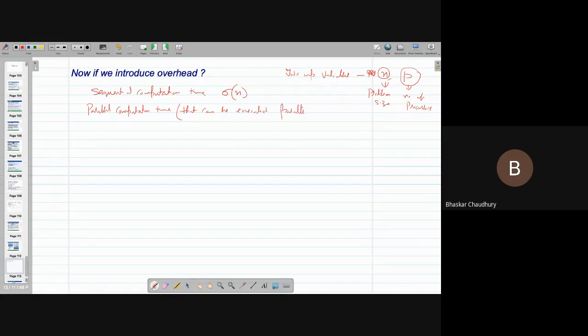Look into this sentence very carefully before answering. So parallel computation time is the time that can be executed in parallel in a serial code. Let's denote it by phi. So phi should be a function of what? Only n or both n and p?